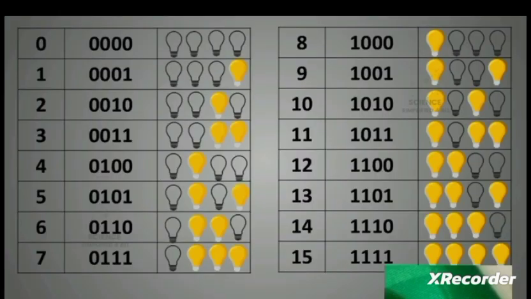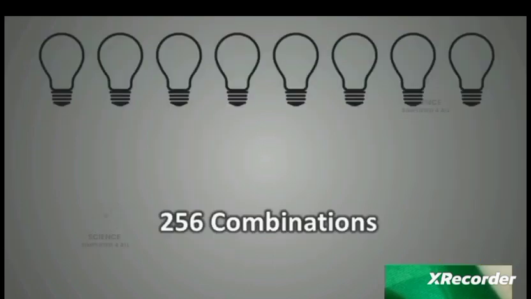Earlier, we saw that with 4 bulbs, we could form 16 different combinations. That meant we could represent numbers from 0 to 15. If we had 8 bulbs, then 256 different combinations would be possible. Here is why.